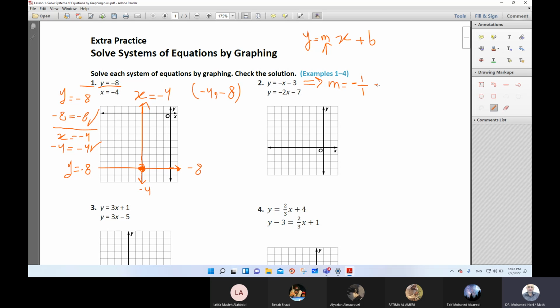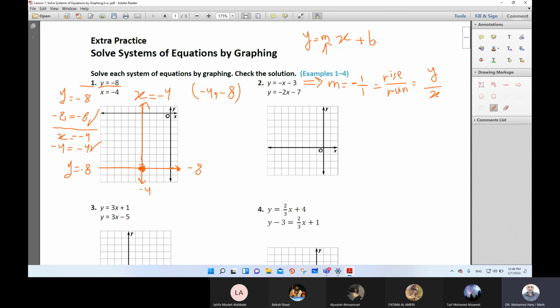And as you remember, the slope means rise over run. Rise is the change in y, and run is the change in x.